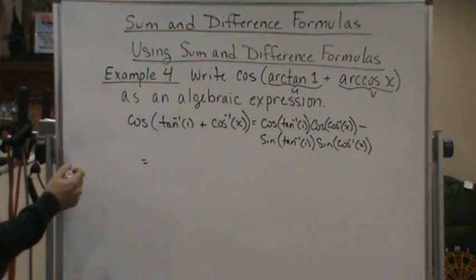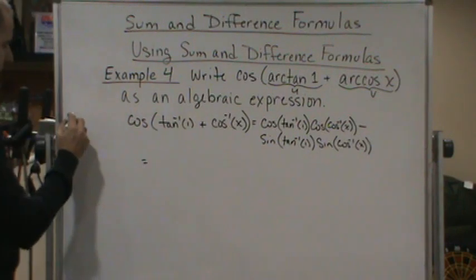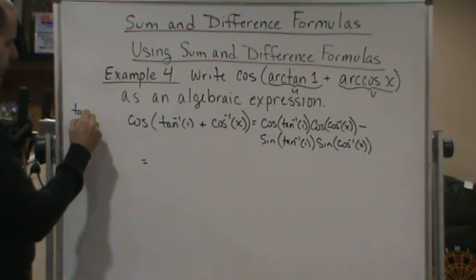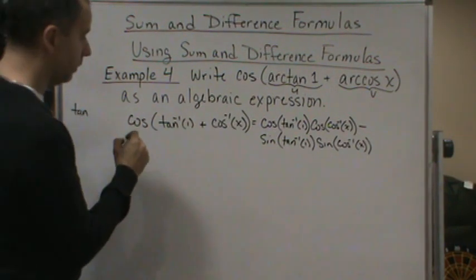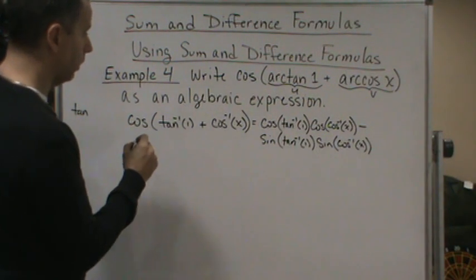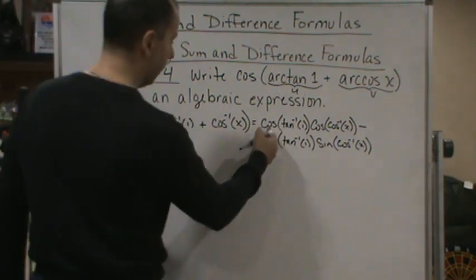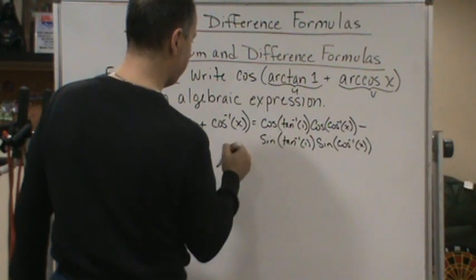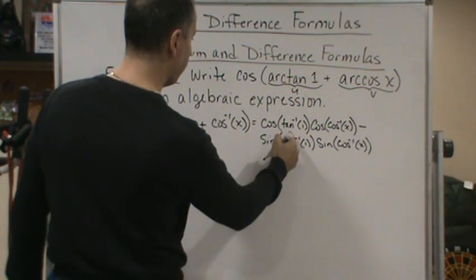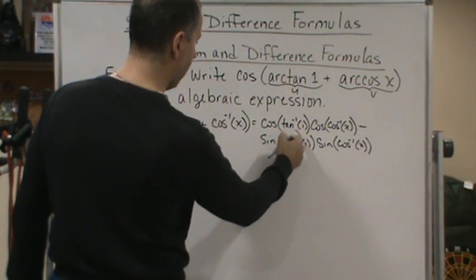Okay, so let's write that over here. So if I look at this, this arc tangent 1, that's u.